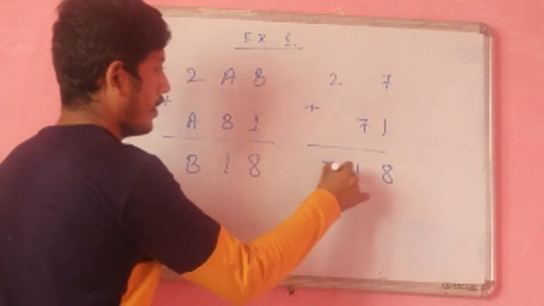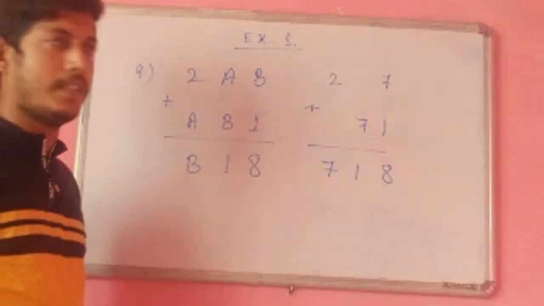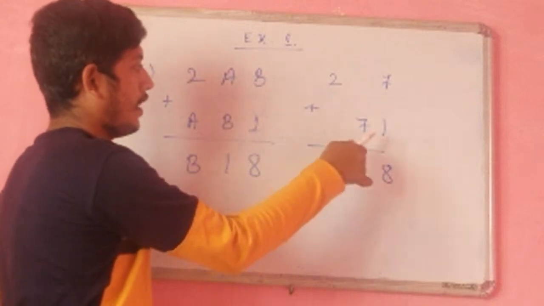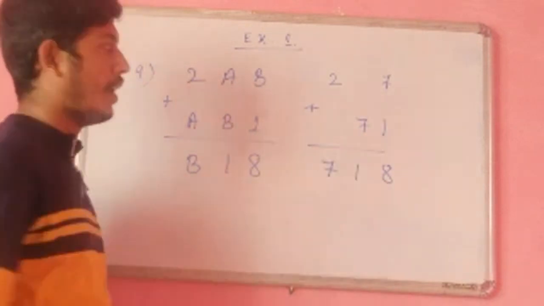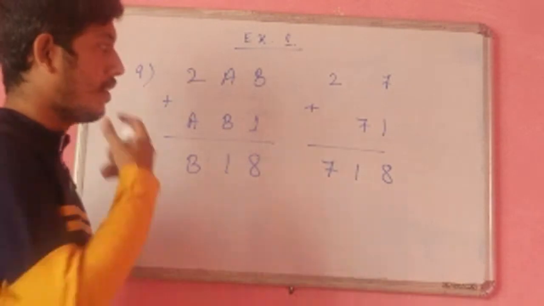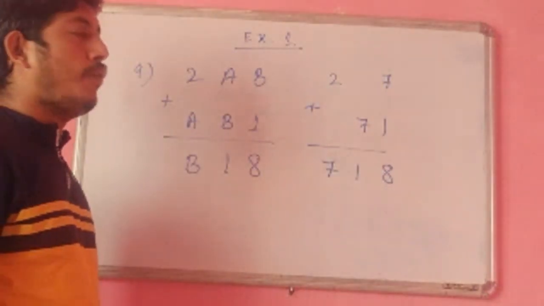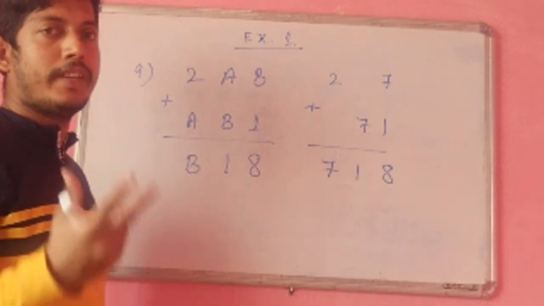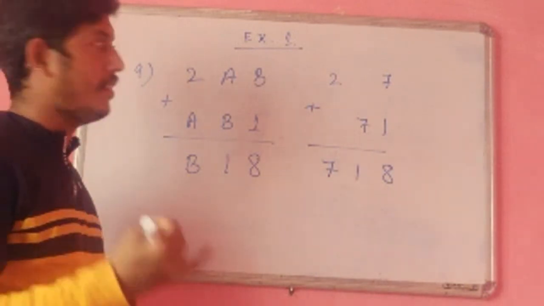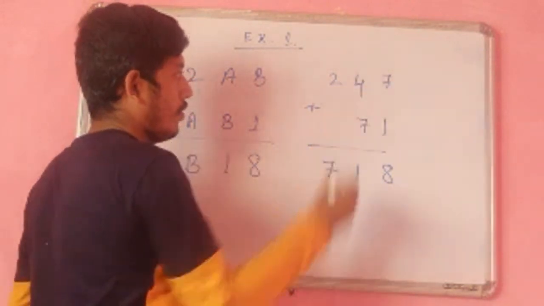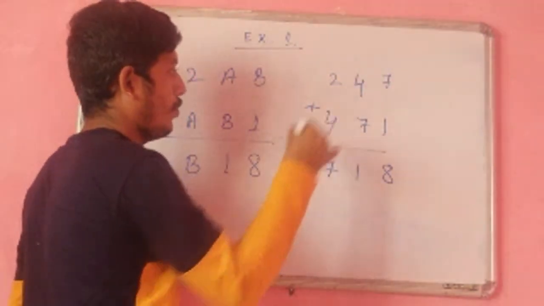Again B value 7. Here I substituted the value of B as 7. Okay, 7 plus 1 is 8. Then again 7. Here I must get the total sum as 11. Therefore, for 7 I have to add 4. 7, 8, 9, 10, 11. So therefore it becomes 4. So here also 4.